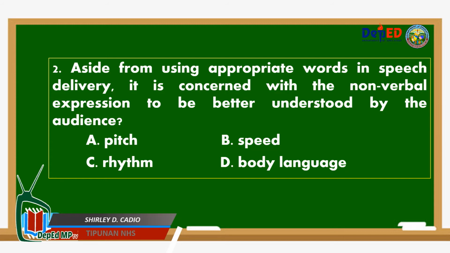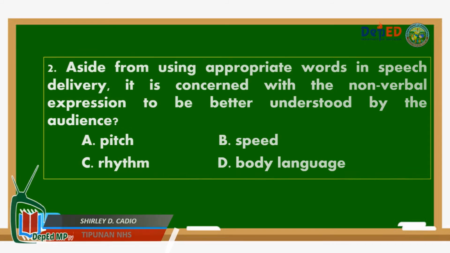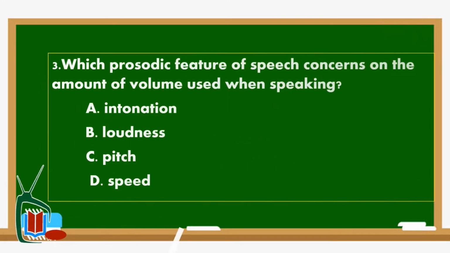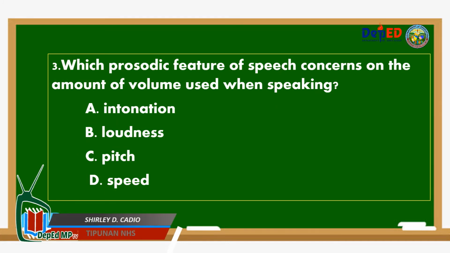Or D. Body language. Number 3. Which prosodic feature of speech concerns an amount of volume used when speaking? A. Intonation. B. Loudness. C. Pitch. Or D. Speed.